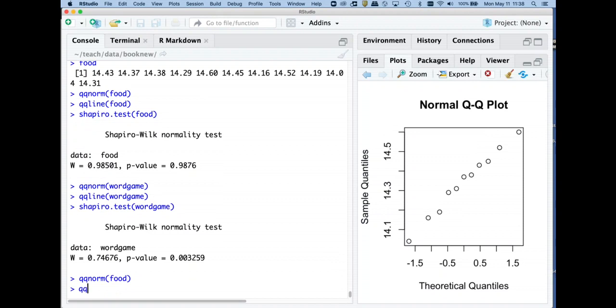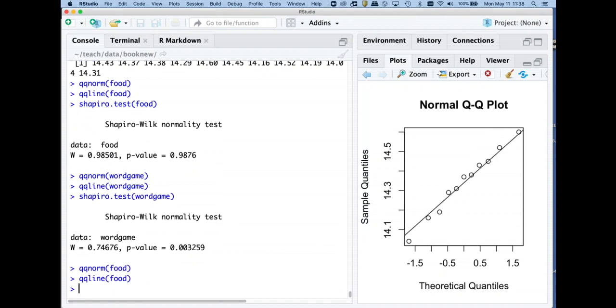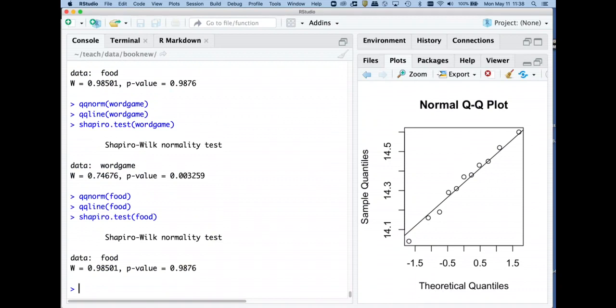If I do qqline food, what we see is the normal probability plot shows that this is probably very normal. The points on the normal probability plot fall almost exactly on a line. But let's go do the Shapiro test. If I do shapiro.test food, we get this p-value. Now the p-value is very large.